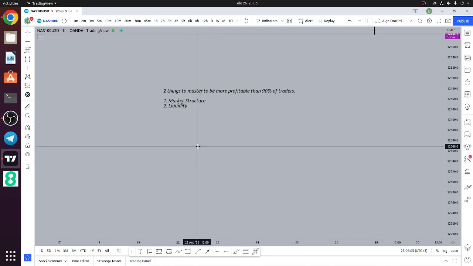Those traders who are struggling, and those who are profitable but have a very low win rate, let's say 50% and below. I think a good win rate should be 60% and above. 50% is okay, but those who are struggling to be above 60% lack one of these two things.